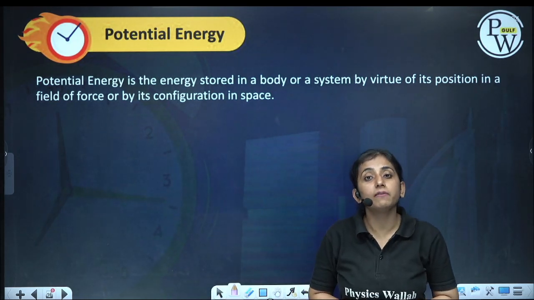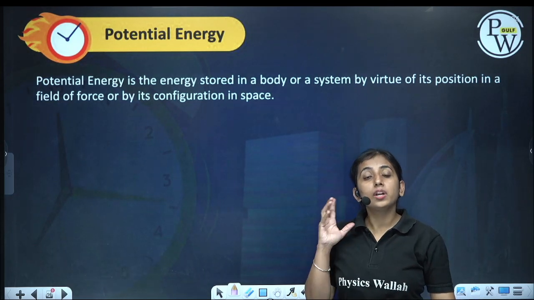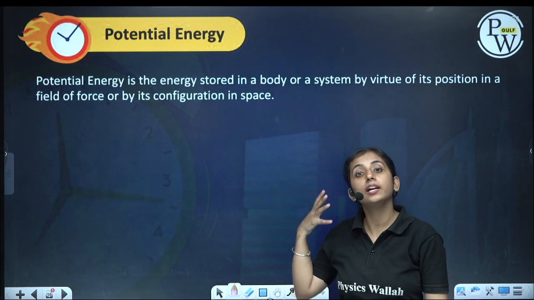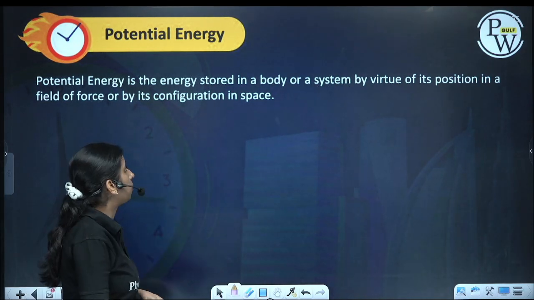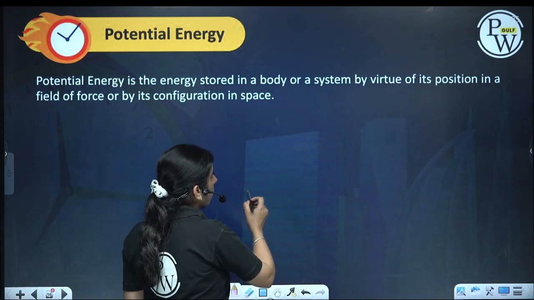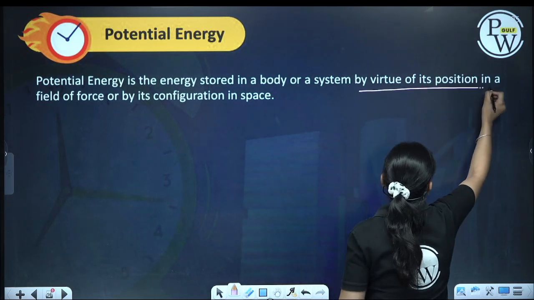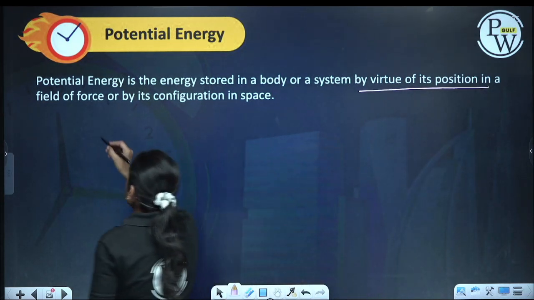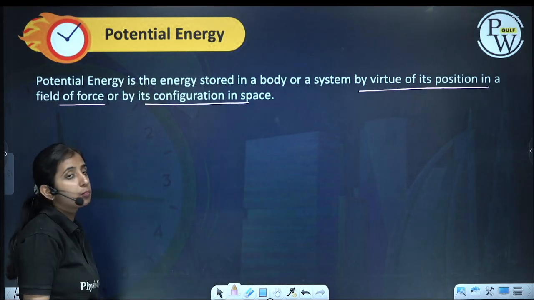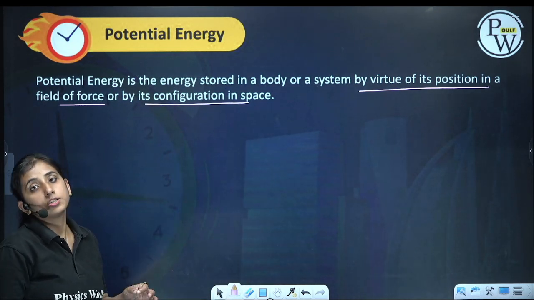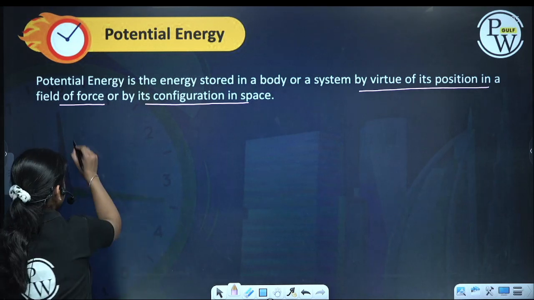The energy we get from the orientation of the body or its position in space is called potential energy. The energy possessed by a body by virtue of its position in a field of force or by its configuration in space is called potential energy.